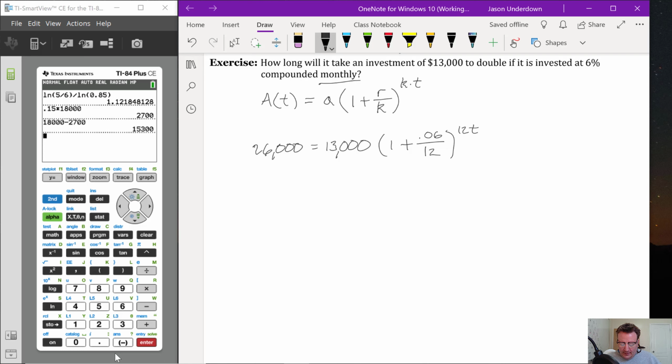Okay. I'm going to do a simple little calculation here and determine what is 0.06 over 12. 0.06 divided by 12 is 0.005. Okay. So that expression in parentheses is equal to 1.005. So to solve the equation, I'm going to divide both sides by 13,000.